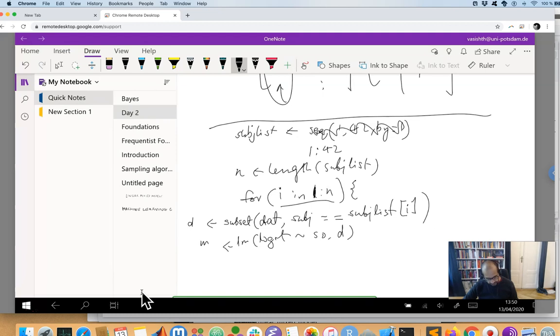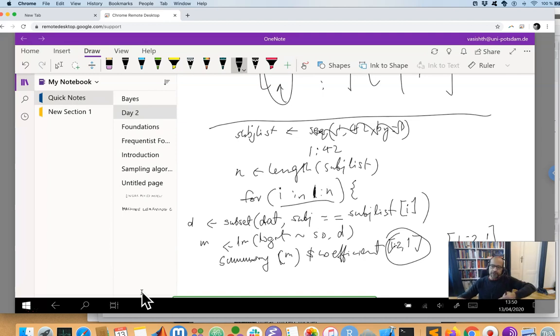I could say summary of model M dollar coefficients, and extract the first column and the first two rows. What I wanted to write here, sorry, it's not very neat, is 1 to 2 comma 1. This gives me the intercept and slope estimates.